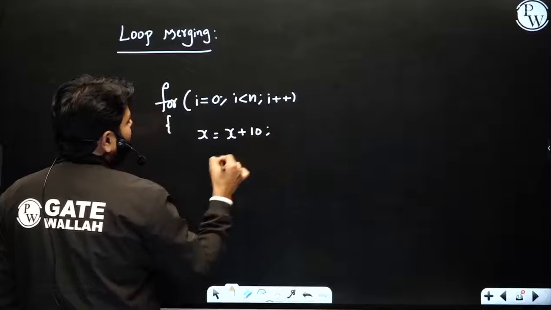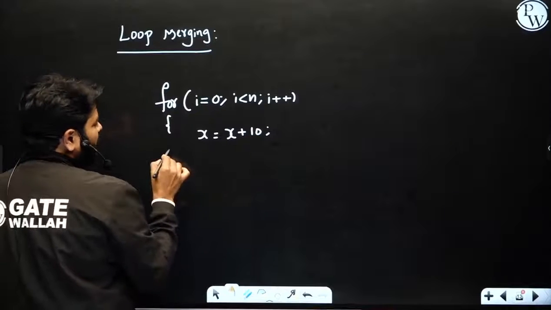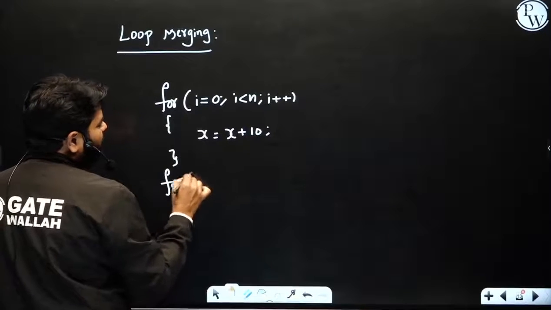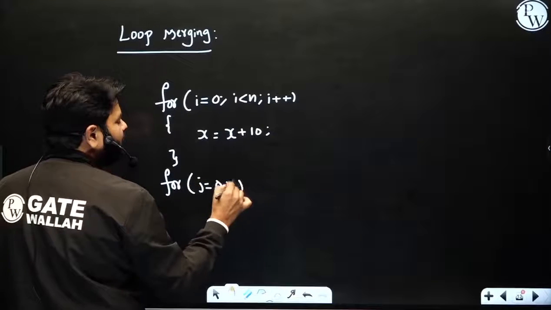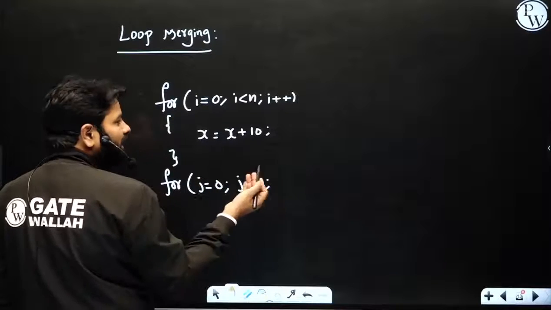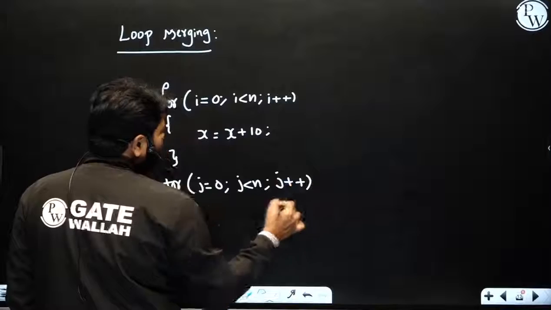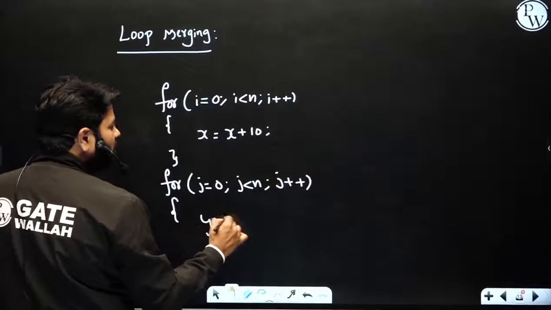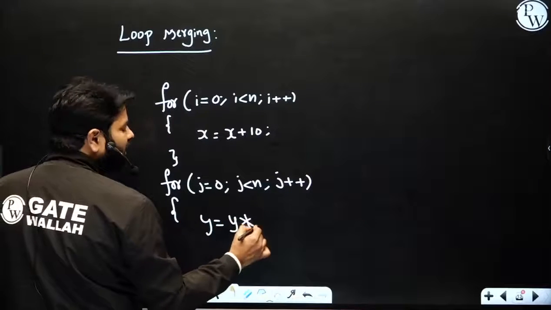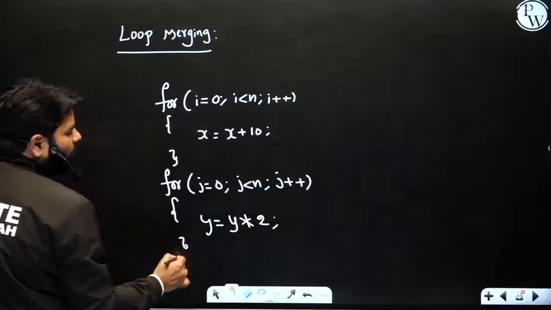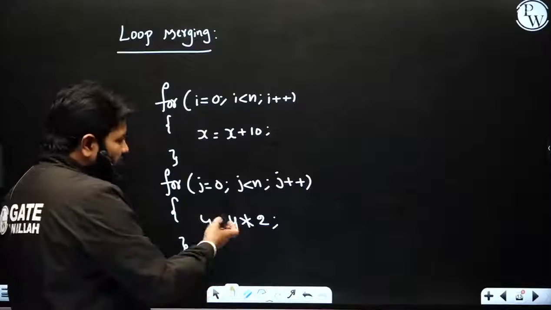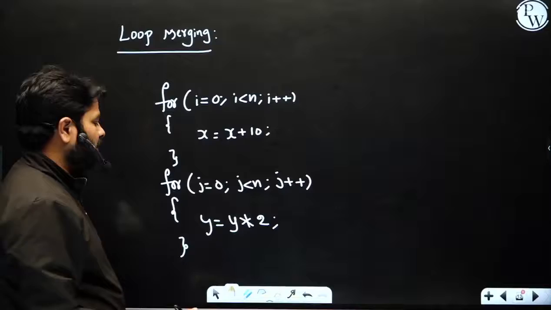And another one, for j is equal to 0 and j less than n, or i less than n, j increment, you are doing something like y is equal to y multiply with, let's say, 2. Now don't worry about other optimizations, like here you can do strength reduction, that you can take care of additionally.